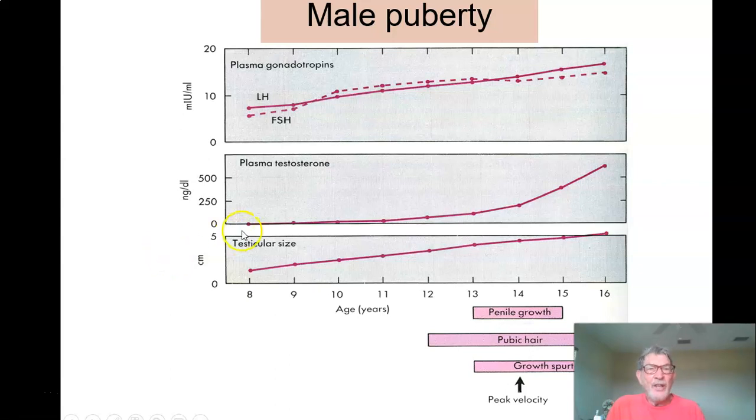And you can see that testosterone stays really low for a while, and then around age 13, 14, 15 starts going up rather dramatically. It doubles and triples in a very short time. And there's no big surge here, so it must be you reach a critical mass around in here that is enough to cause this extra production of testosterone.